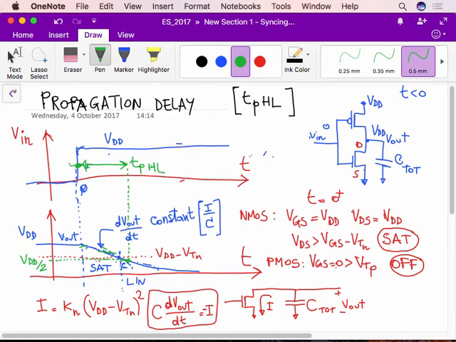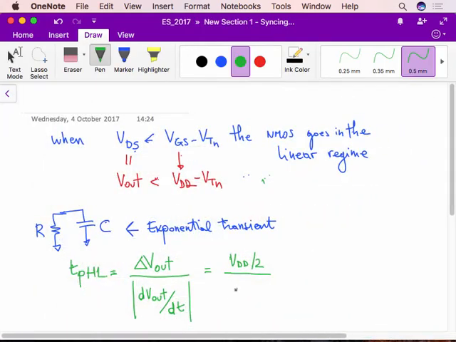So the absolute module is that one. So here we have the current divided by the capacitor. So it's an easy calculation. C can go above. We have C times VDD. And then the 2 goes below at the denominator. And then we have the current. But the current is equal to Kn times VDD minus Vtn to the power of 2. And that's it.